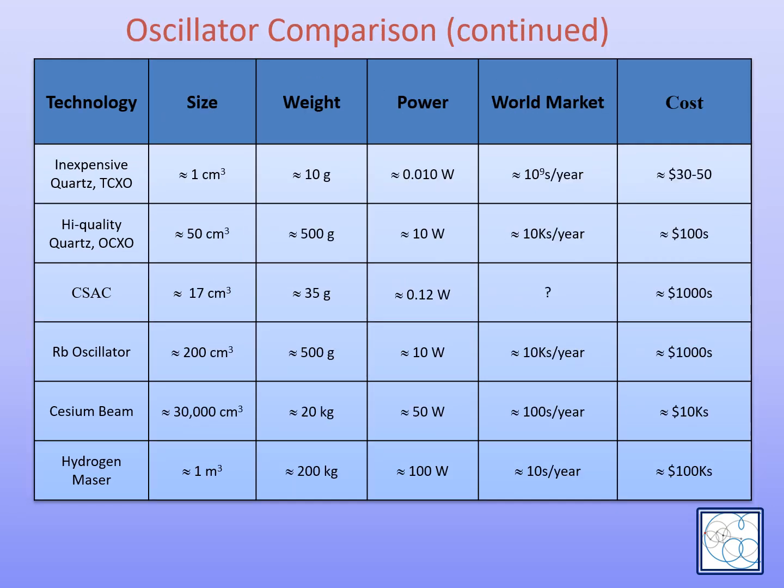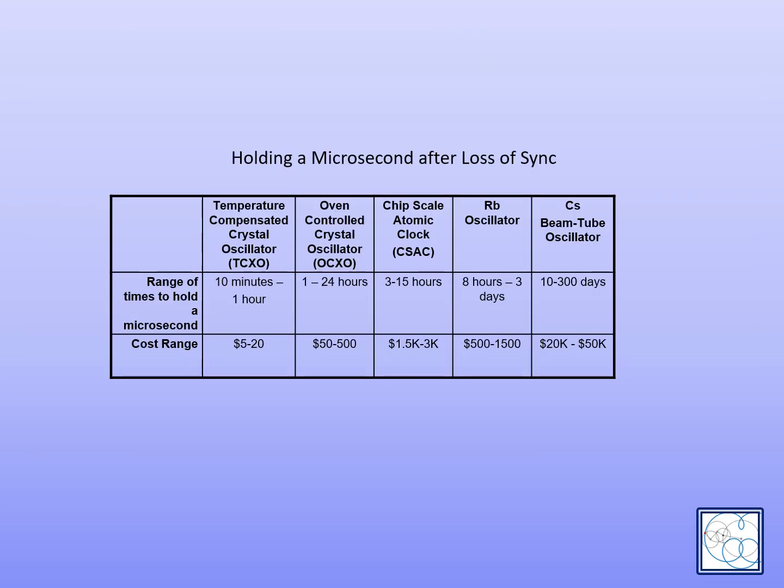Another slide on oscillator comparison showing price. And finally, a last slide: how long can you hold a microsecond after loss of synchronization as a function of price and technology? And generally speaking, you can see that you pay more to get better.